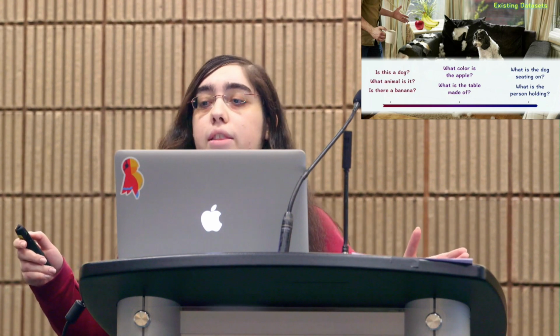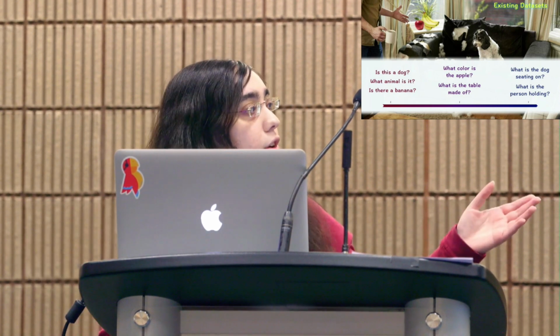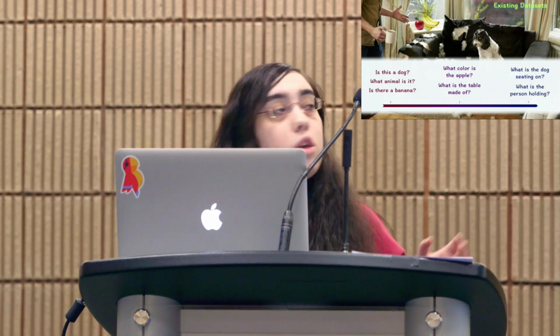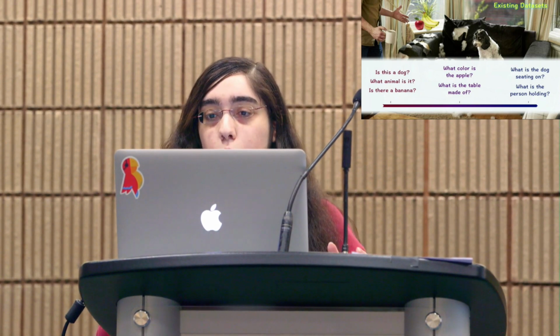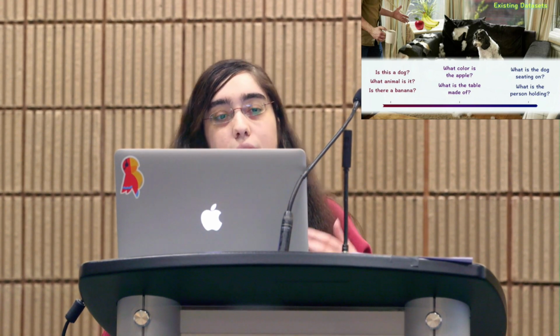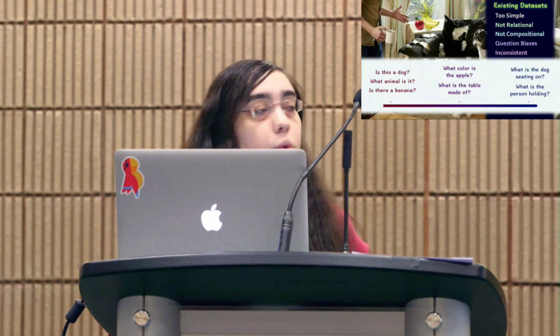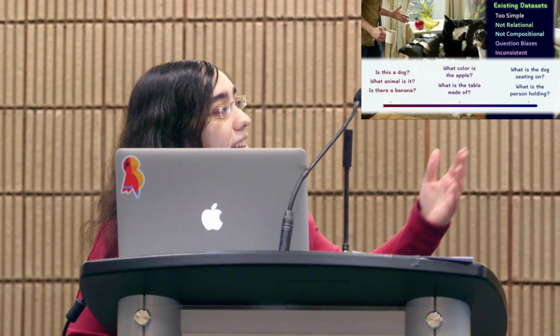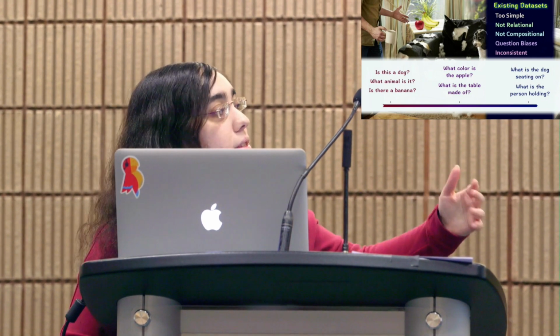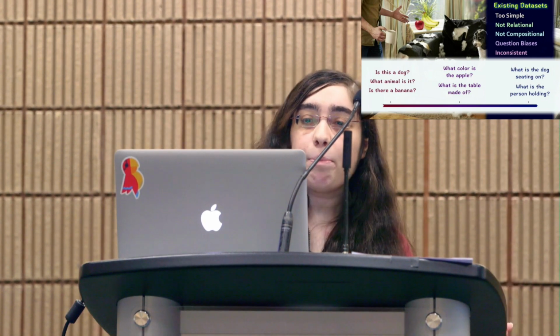There have been existing datasets for VQA, and you can see here a few examples of such questions. You may notice that one of the main problems with these datasets is that the questions tend to be too short and too simple. For example, in this image, the question can be, is this a dog? What color is the apple?